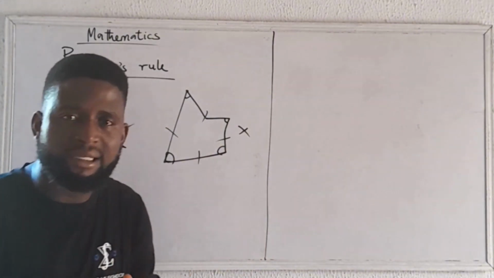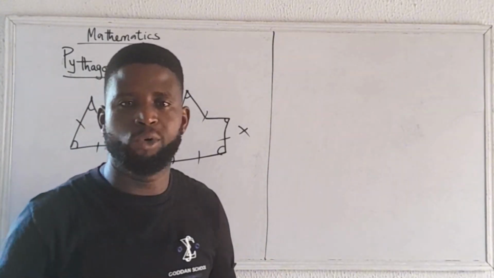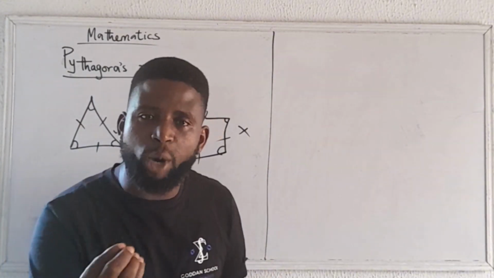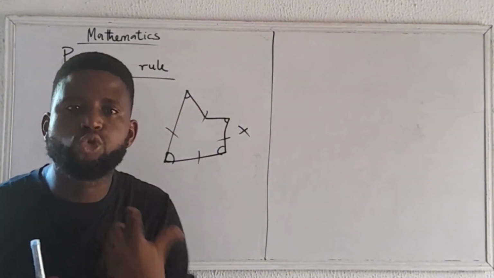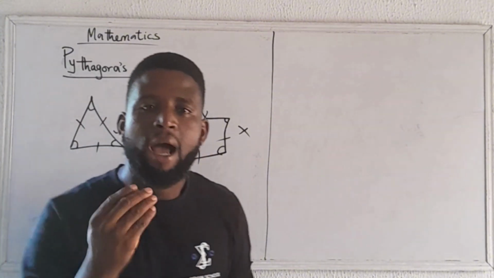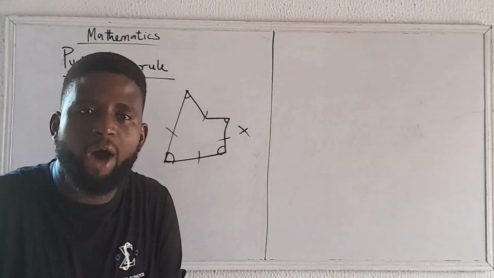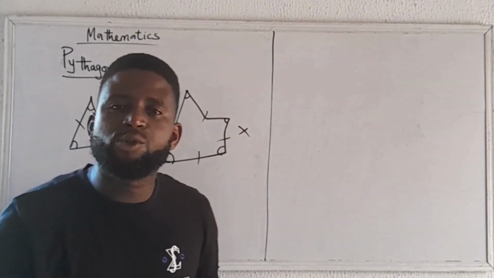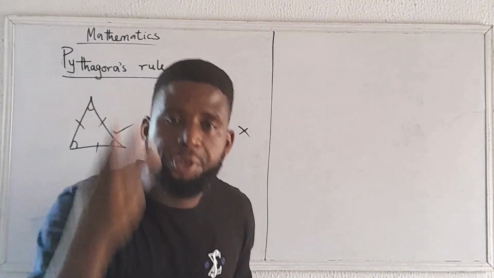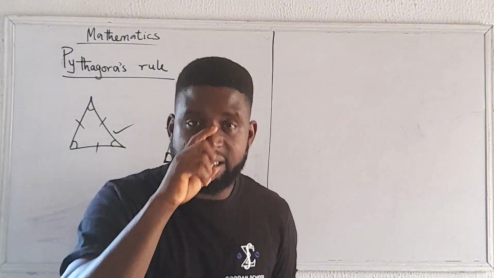Now, what then is a right-angled triangle? A right-angled triangle, first, is a triangle, so it has 3 sides and it has 3 angles. But then a right-angled triangle is a triangle that has one of its 3 angles equal to 90 degrees.